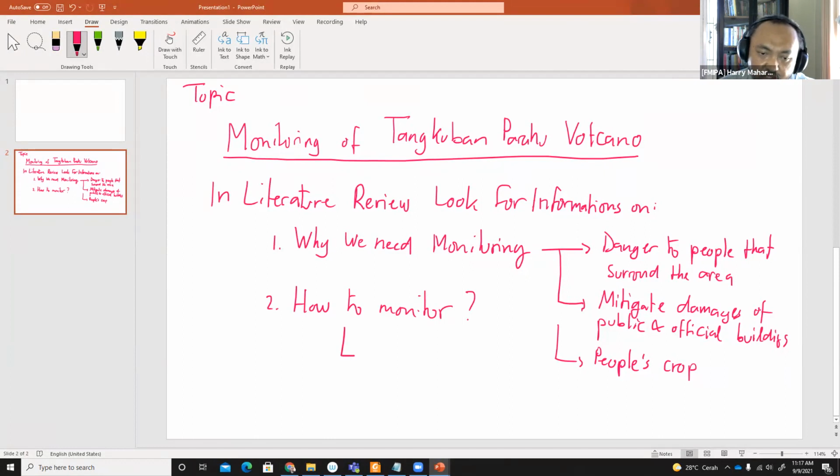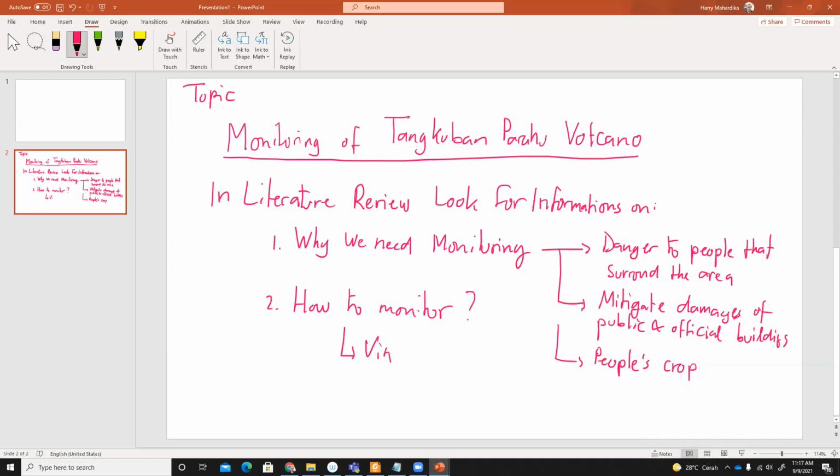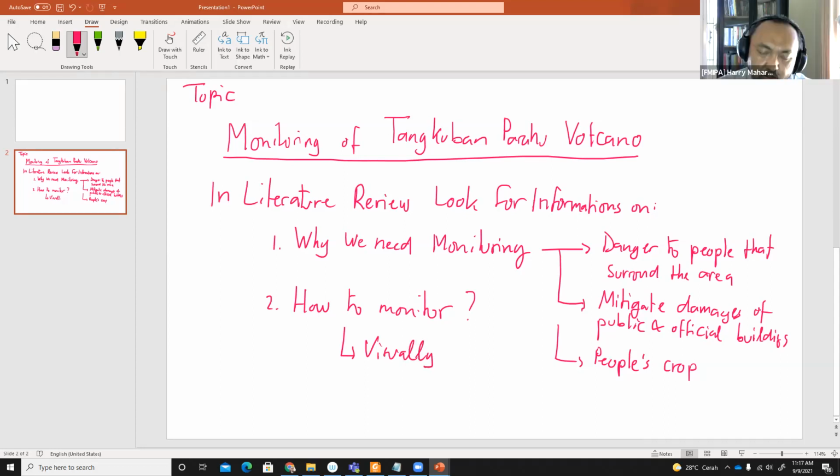For example, this is only a simple example of how we can use literature review, right? So how to monitor, we can do it visually, from a certain monitoring post, from a certain volcanological station.